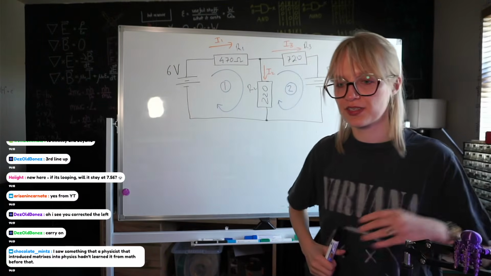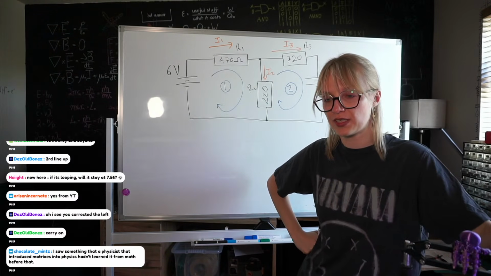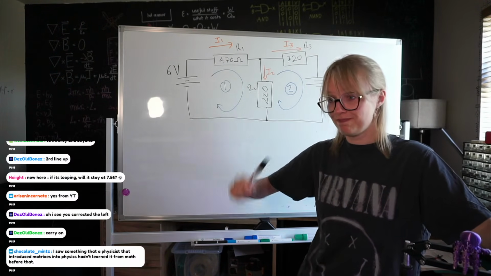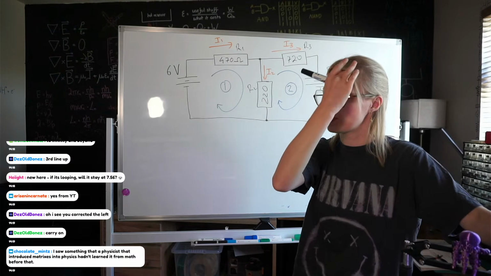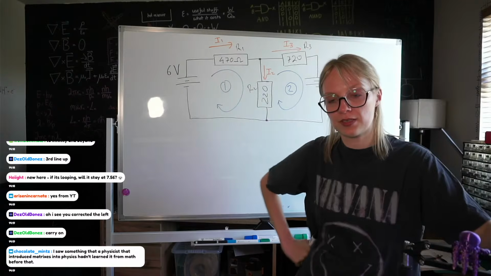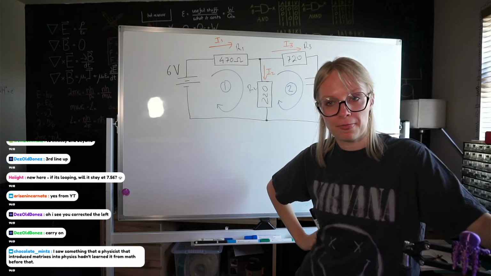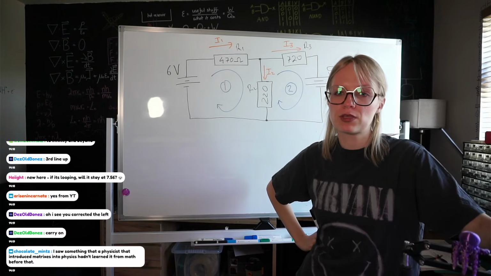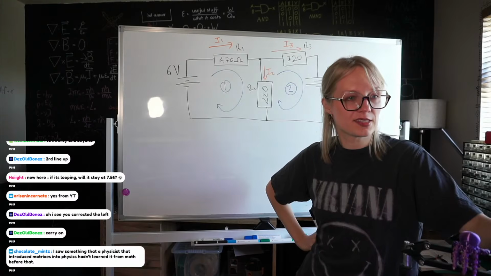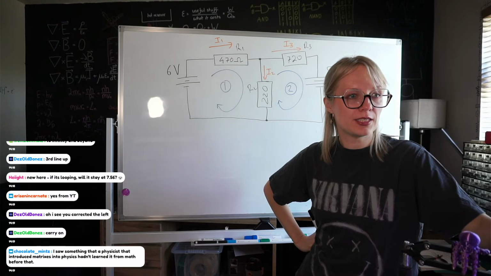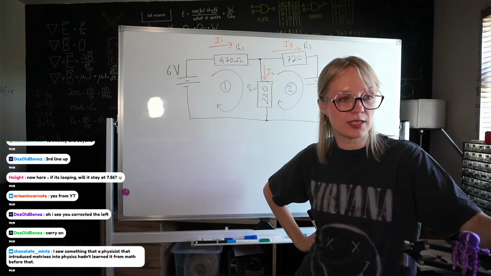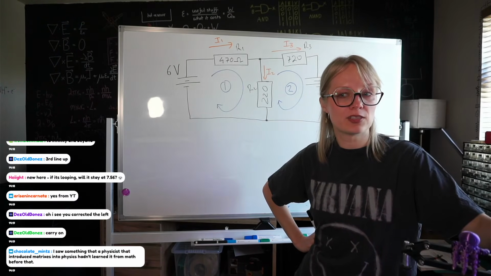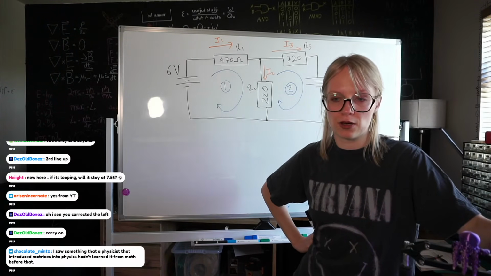I saw something about a physicist who introduced matrices into physics and learned it from math before that. I'm one of those victims. I never studied matrices until I studied physics, so I didn't cover it in mathematics. It was a fault in the system that the education curriculum changed at a fundamental level in schools, and the university that year didn't pick up on it.